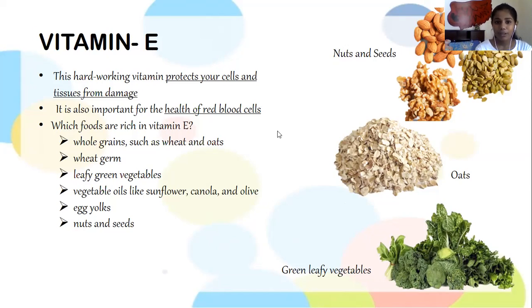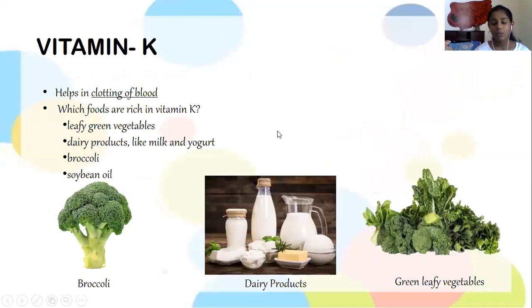Now we move on to vitamin K. Vitamin K is very important in clotting of blood. So just remember the last time you got a cut or a wound on your finger, or on your hand, or a leg. What happened? Usually it bleeds for a period of time and later it stops. It ultimately stops.